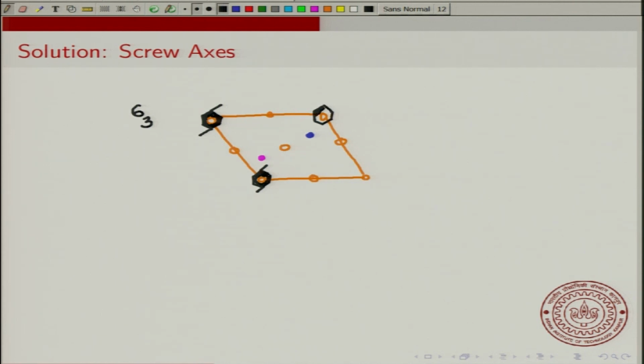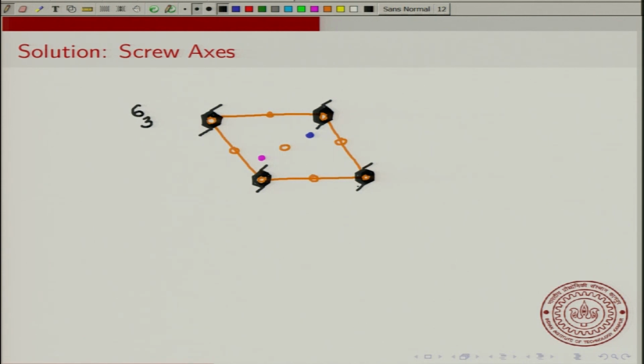The 3 means you rotate by 30 degrees and translate by half of the unit cell. If you rotate the crystal about this, you can easily verify that it is indeed a screw axis.